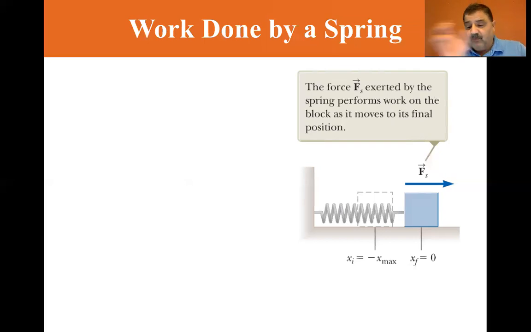Previously, the block was free to move, and it was the spring that was doing the movement, but now there's an external agent pushing on the block. The magnitude of the applied force is adjusted so that the block moves to the final position very slowly.